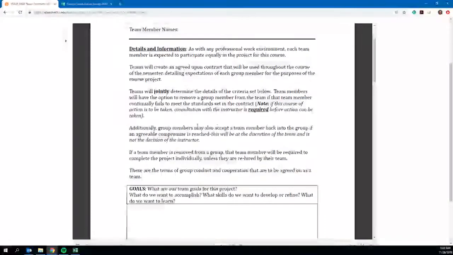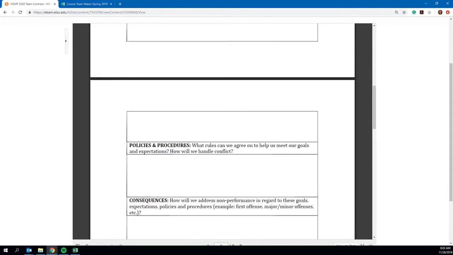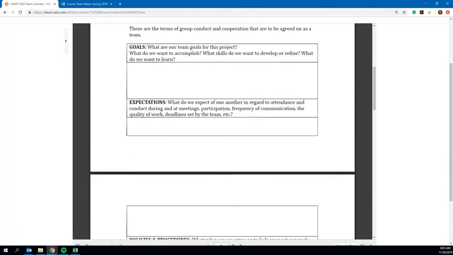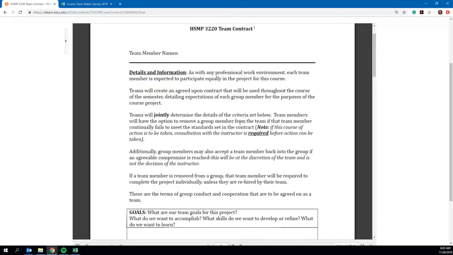Now, pay special note, team members will have the option to remove a group member from a team if the team member continually fails to meet the standards that are set by the team in that contract. So that's why your consequences, your policies and procedures need to be fairly well laid out to guide us if we get to this step.